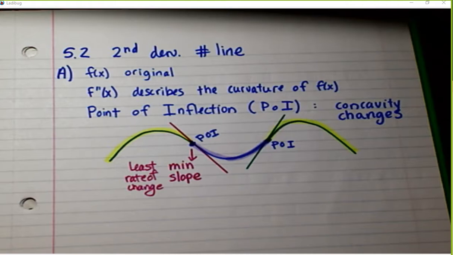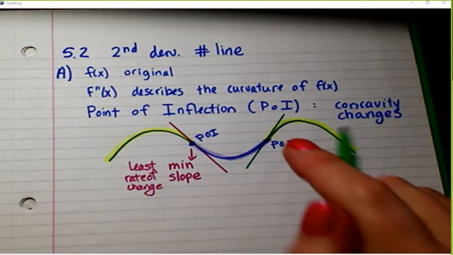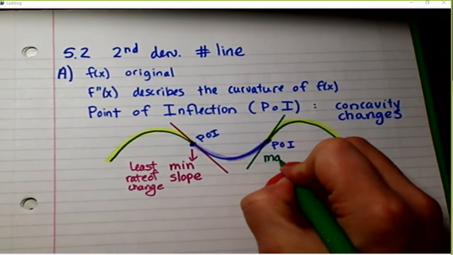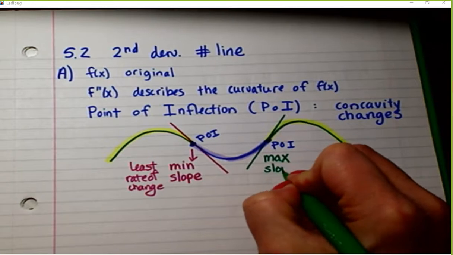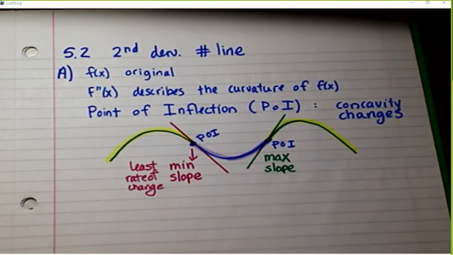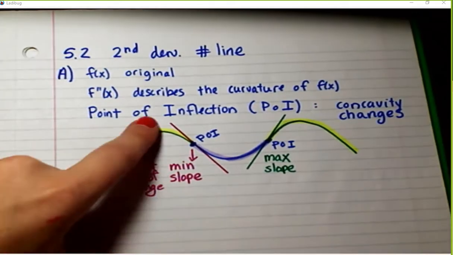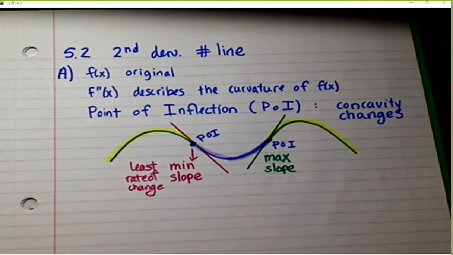As you move that tangent line across the graph, the points of inflection, maximum slope. It's the biggest slope. This happens to be a positive, which is why it's the biggest. This is a negative, which is why it's the smallest.